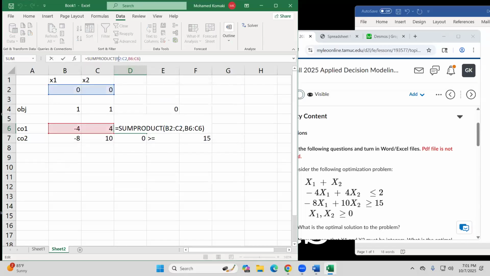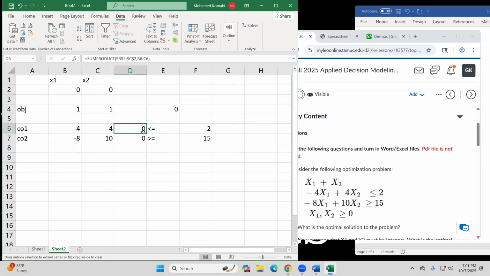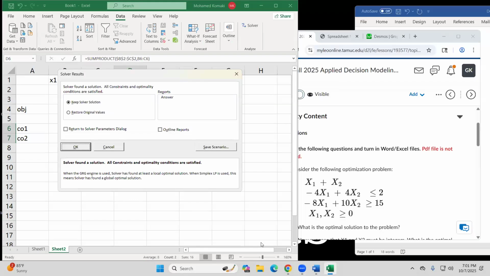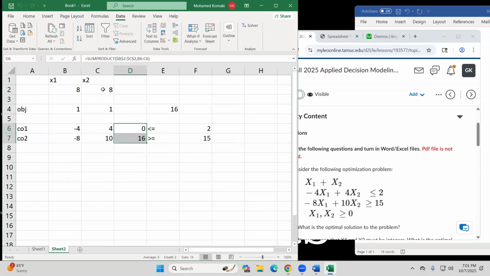Oh, yeah, I forgot just one more. Okay, so this is the optimal solution.